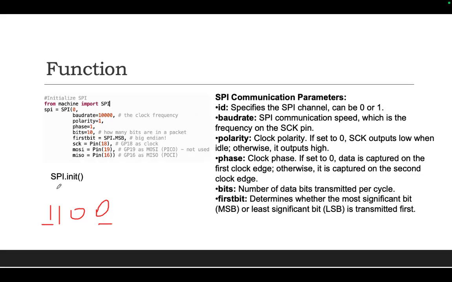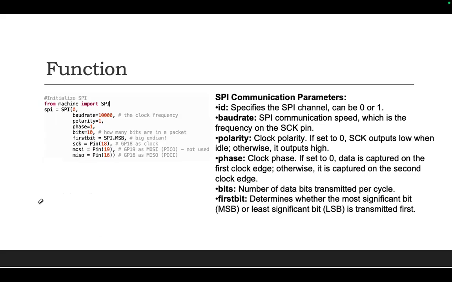And then here are some functions you can use. This is init, to initialize the SPI, and after you finish using it, you deinit it. Then read, and readinto, which means you read the data into a specific buffer, and this is write, and this is write_readinto.